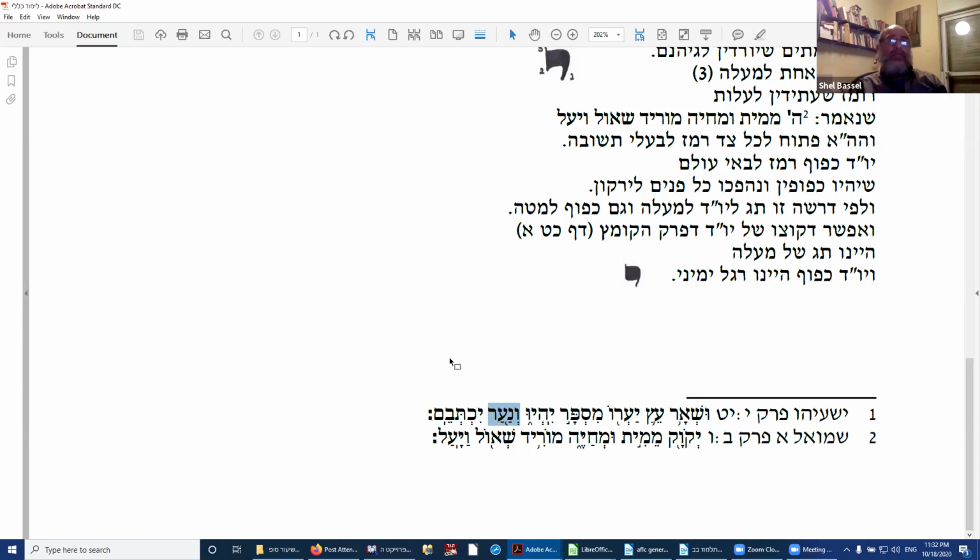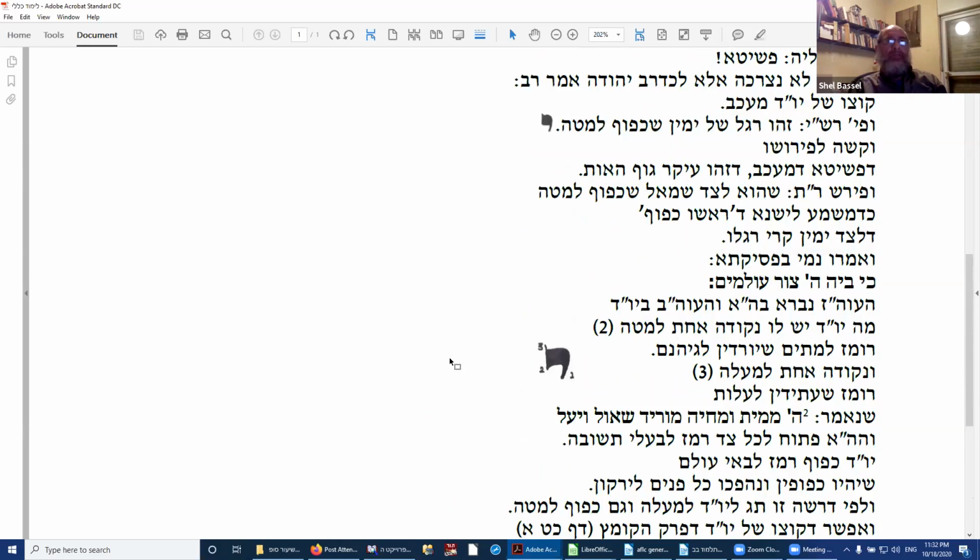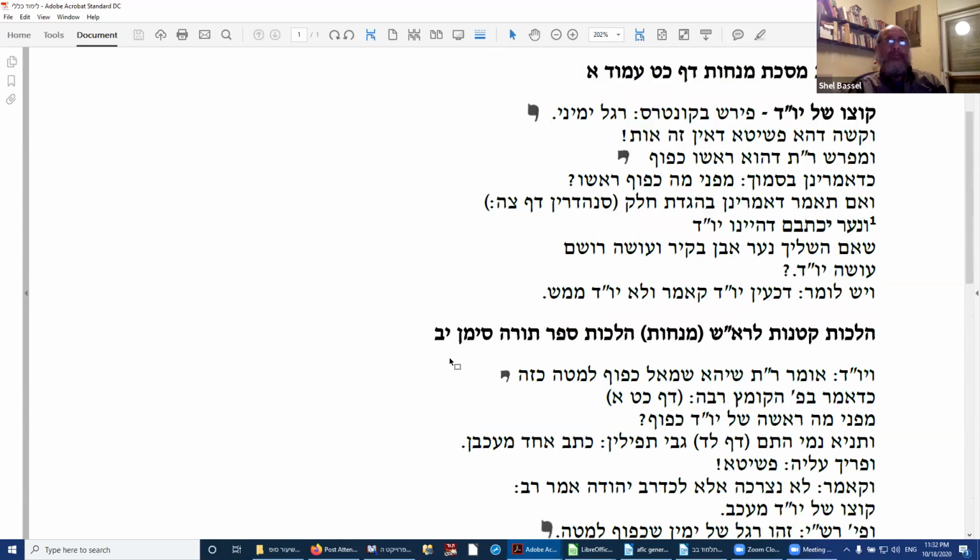So there are different interpretations of this, and one of the interpretations is what Tosafot says. What does it mean that a child will write them? And how? Because the Gemara there says we learned from this pasuk that it was 10. So how did they learn it was 10? Tosafot says, she'mishlich nar even bekir v'oseh roshem, that if a child took a stone and threw it hard against the wall, it would make an impression on the wall, and that impression would look something like a yud, right?